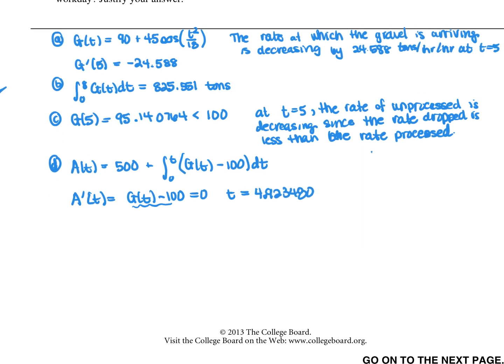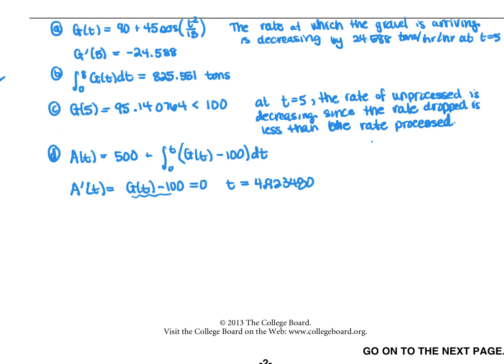But we have to check the endpoints because this is a closed interval. So we need to look at the time and then the amount. At time 0, there was 500. At time 4.923, there's going to be 635.376.